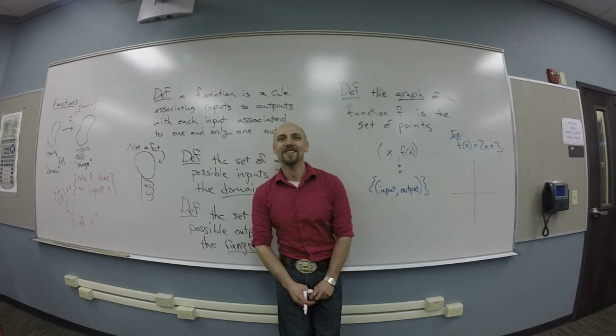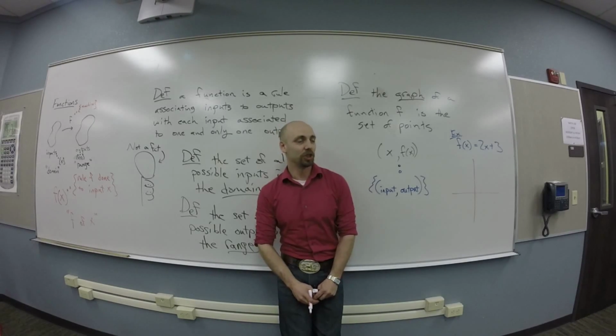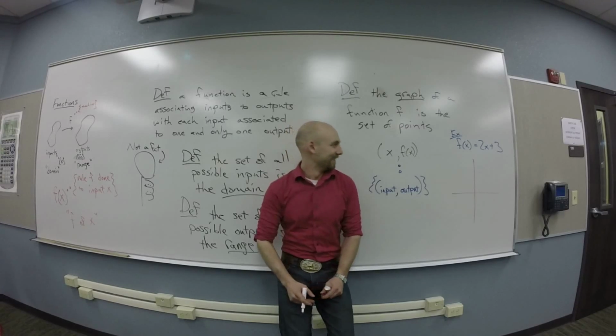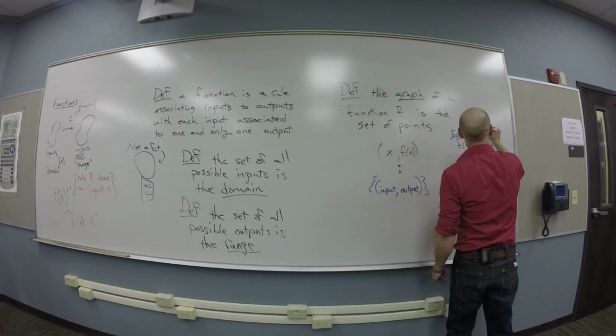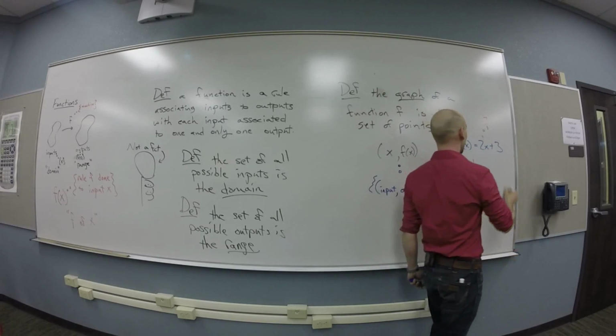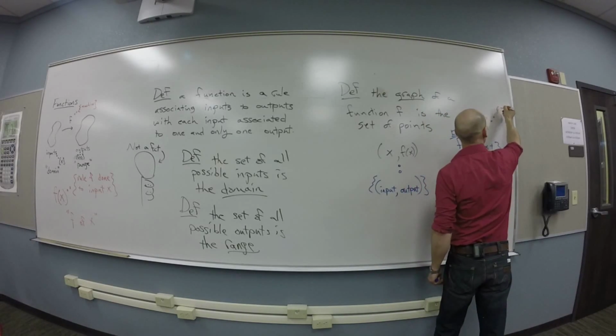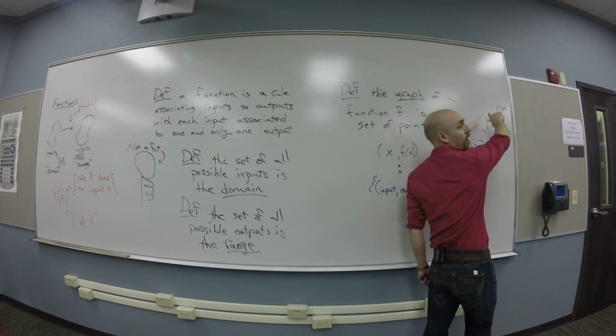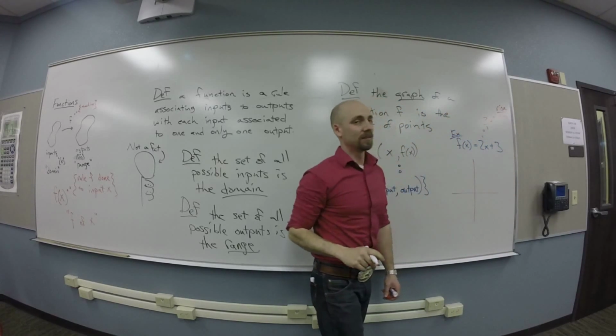That's okay. So it's a slope of 2 over 1, which means rise over run. So for 1 run, I get 2 rise.